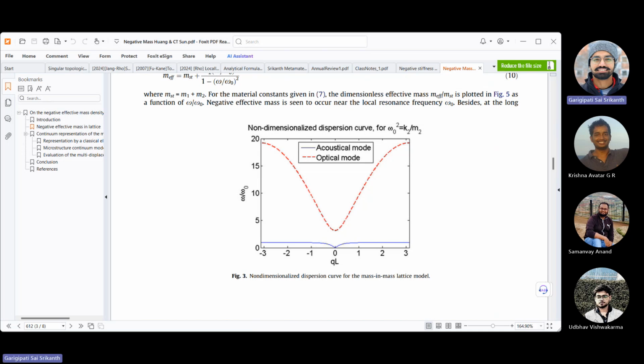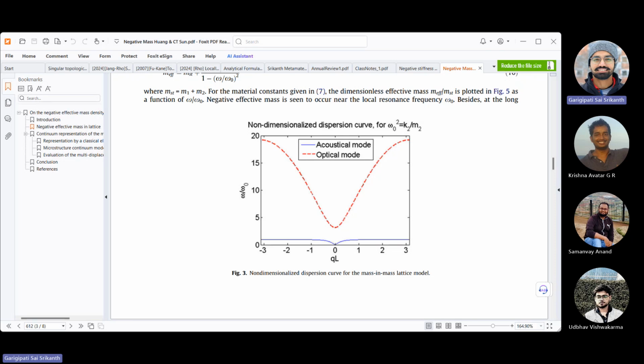They have plotted the first Brillouin zone, not the irreducible Brillouin zone. And we see that they follow the same notation. Blue is the acoustic mode, red is the optical mode. This is the dispersion curve.